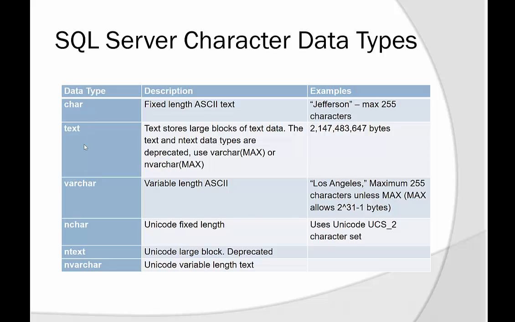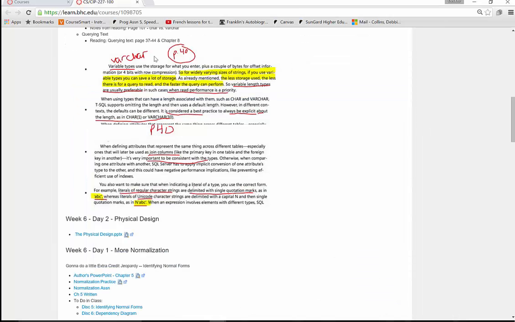So let's look at the difference between a char and a varchar. From page 40 of our querying textbooks, it mentions that varchar is going to store the size of what is being entered into the field.